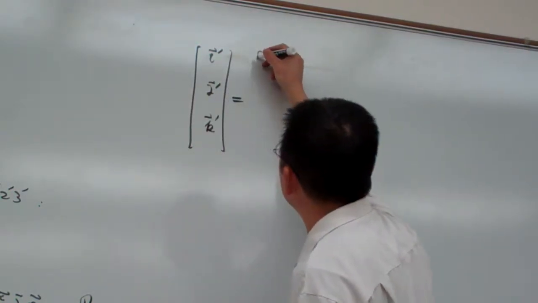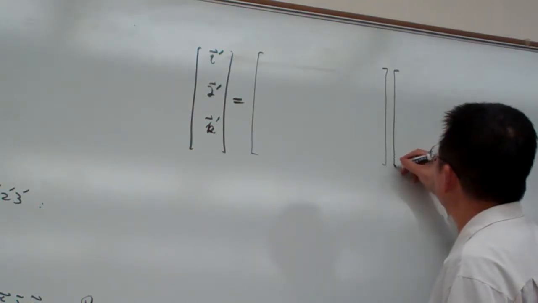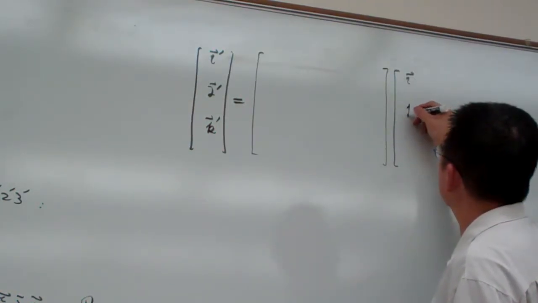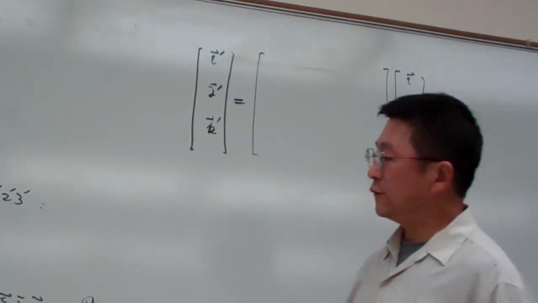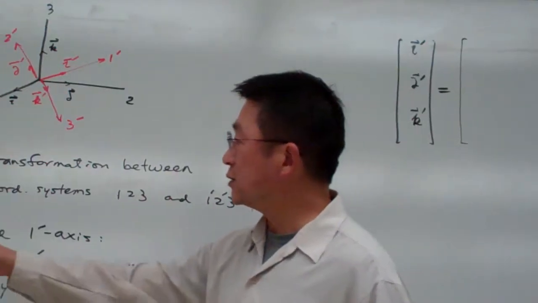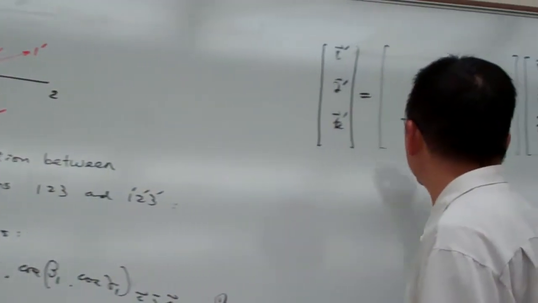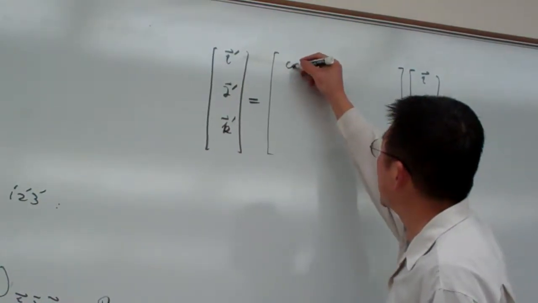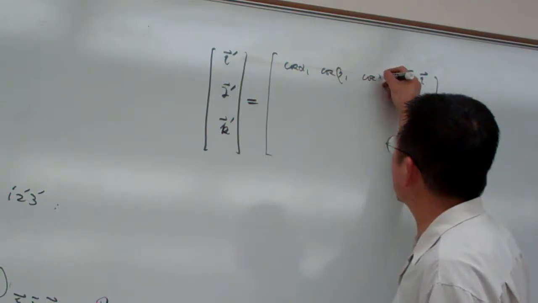I'm going to write them into a matrix. For the first equation, that is simply cosine alpha 1 times I, cosine beta, cosine gamma. Put into a matrix, this should be cosine alpha 1, cosine beta 1, and cosine gamma 1, right?